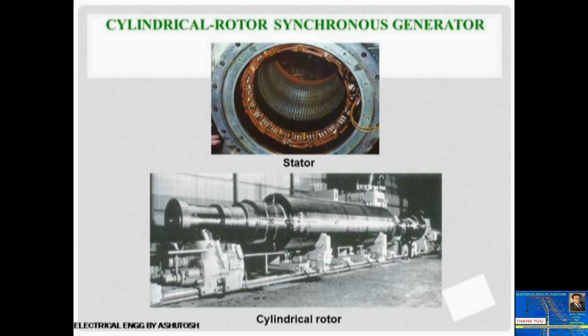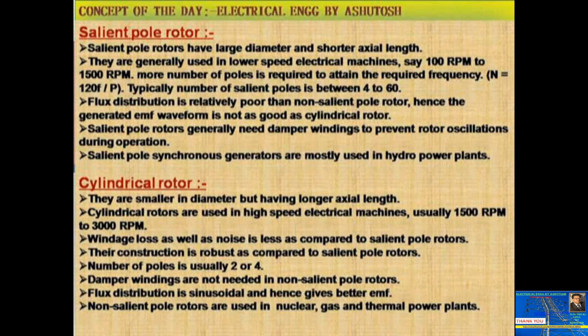So guys, we will come to the previous slide. The second difference: salient pole rotors are generally used in lower speed electrical machines. Their speed is basically up to 600 RPM, generally running at low speed.